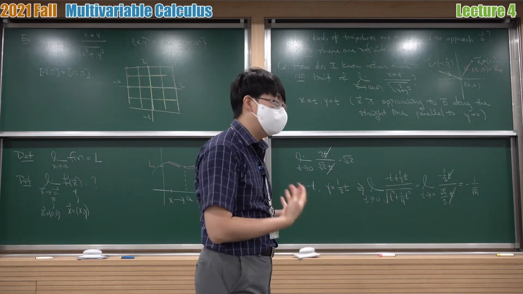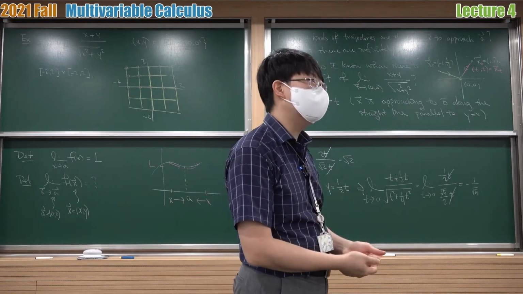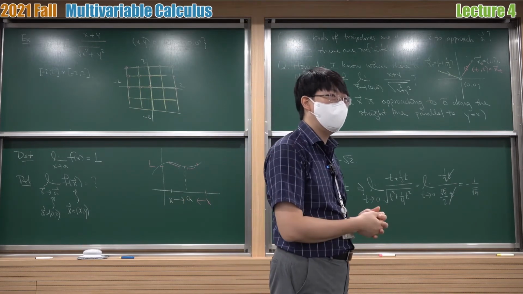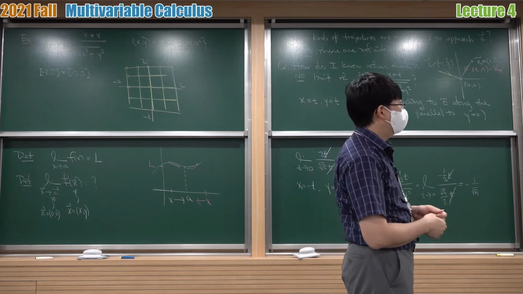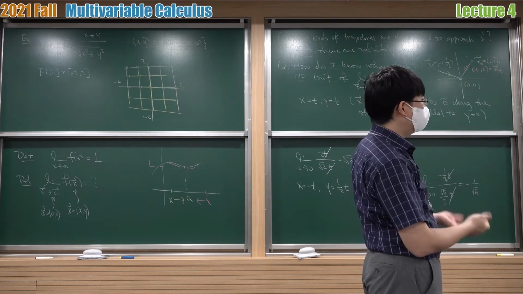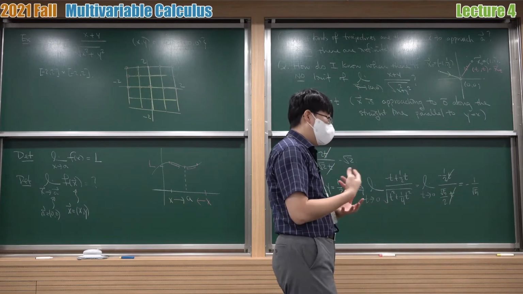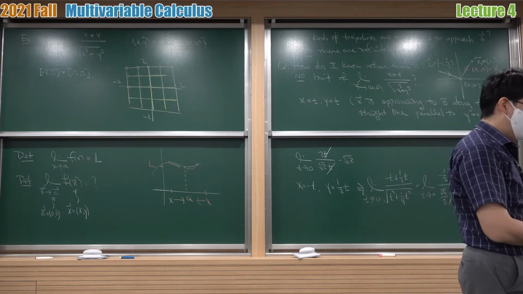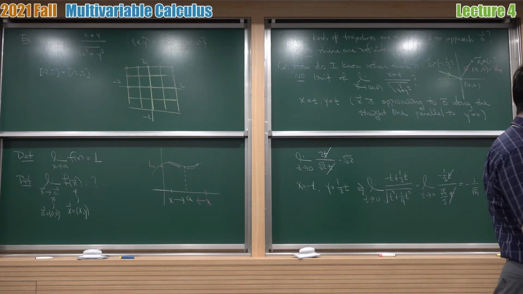In order to prove there is a limit, you have to use the mathematical definition using epsilon and delta. I'm not going to do that because most of the functions that we are dealing with will have a limit and will also be continuous functions.